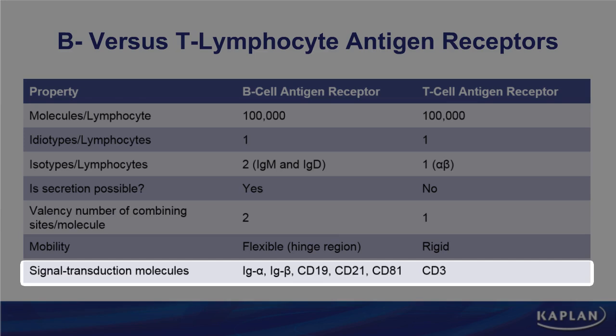You're going to find that CD19 is also an important CD molecule that we're going to use to help enumerate B cells within any given population or patient. And CD3 is the signal transduction molecule associated with the T cell receptor, and likewise is also important to enumerate T cells. It's important to remember that CD3 is found on all T cells, so all T helper cells and all cytotoxic T cells will have a CD3 molecule.